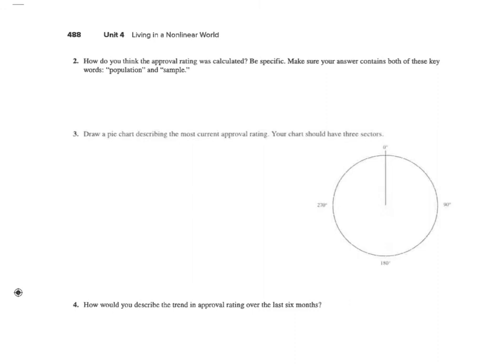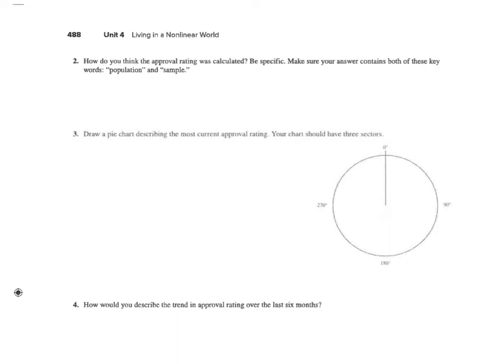Do you really think they asked every single American how they felt about the president's job, how he's doing? No, I don't think they did. So I think they probably surveyed a sample of the population, then used the results to draw general conclusions about the opinions of the overall population.